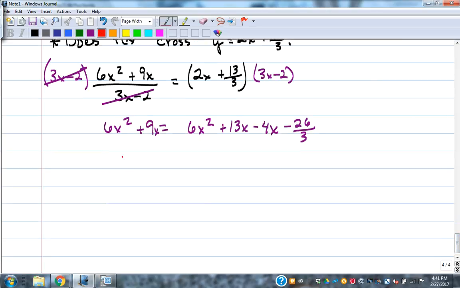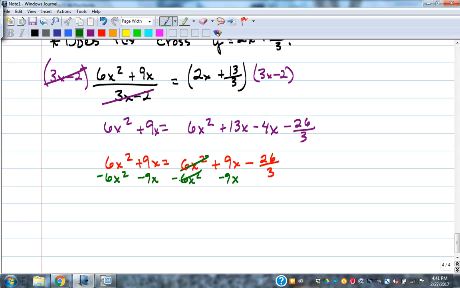Look what happens. 6x squared plus 9x shows up on both sides. So if you subtract 6x squared and then you subtract 9x, what happens? They both go away. Does 0 equal negative 26 over 3?